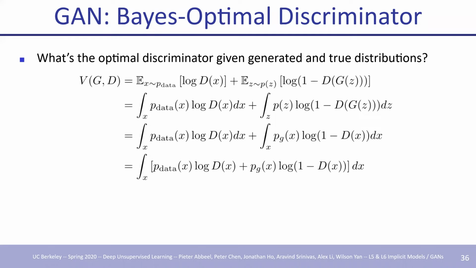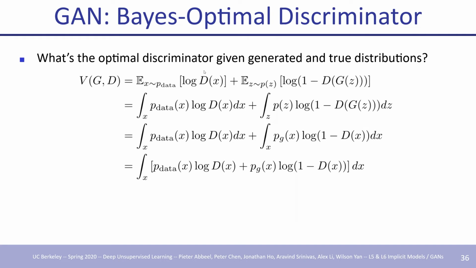Okay, so this is a big equation, so we can go through it step by step. V is the same as the loss function we talked about. We have the expectation with respect to the real data of the log of the discriminator.